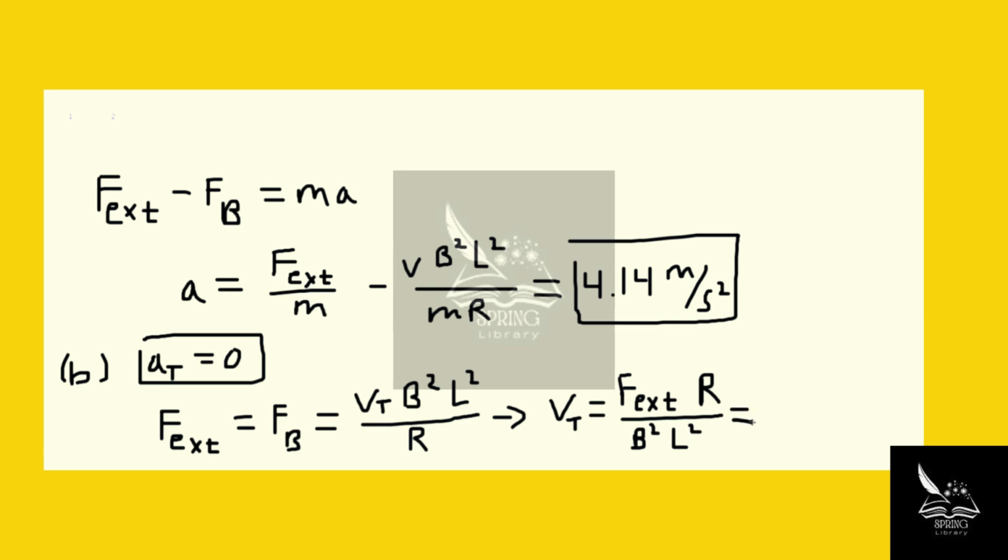Plugging those values into this expression, we find that this is equal to 0.069669. The units here are meters per second. We can box this in as the second part of the solution for part B.